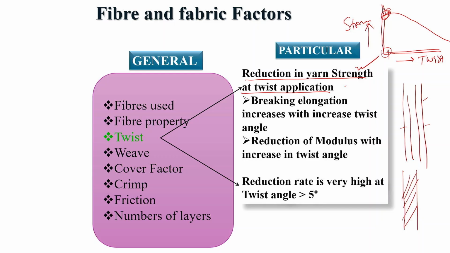That will create problems in further processing also, as the individual filaments can get damaged by abrasion. So, to hold all the individual filaments, we have to apply a certain level of twist. The twist is applied at a lower level, so in that case a little bit of increase in strength will be there.